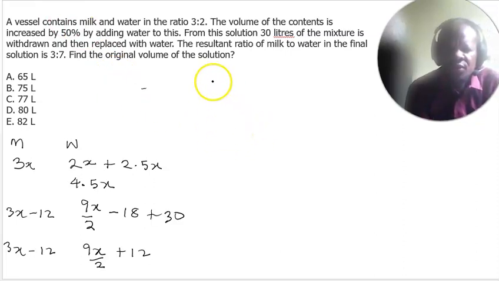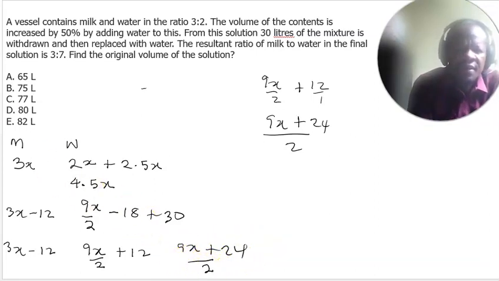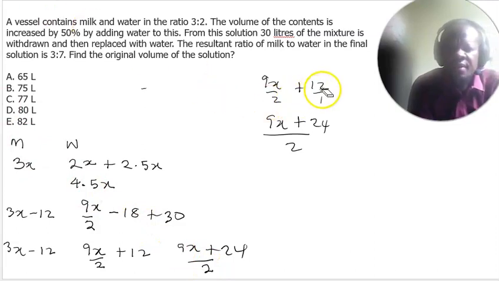Let's first calculate 9x/2 plus 12. That is 9x plus 24, so this is (9x plus 24) over 2.